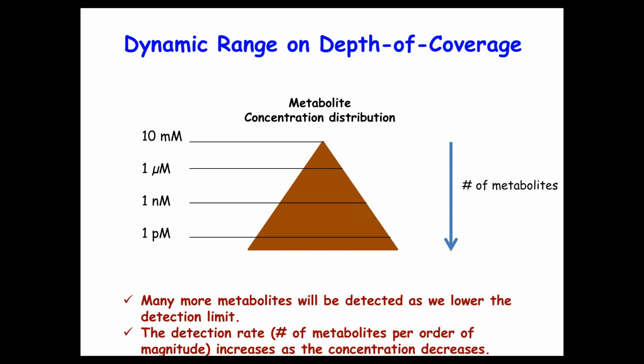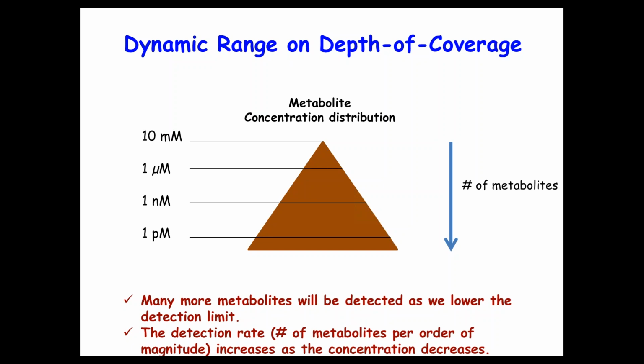If we use a schematic diagram to represent the metabolite concentration distribution in a metabolome sample, it will look like this pyramid. At a very high concentration, there are a few metabolites. As the concentration decreases, we will see a lot more metabolites.